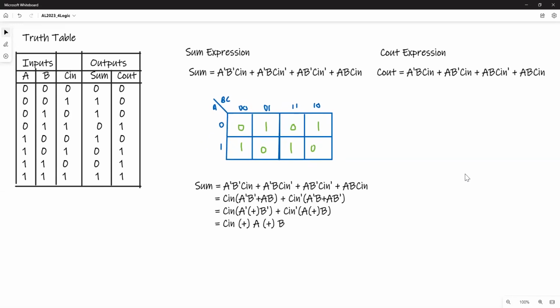Right. Now, if I take the very same, that means if I draw the Karnaugh map, let's draw the Karnaugh map here.